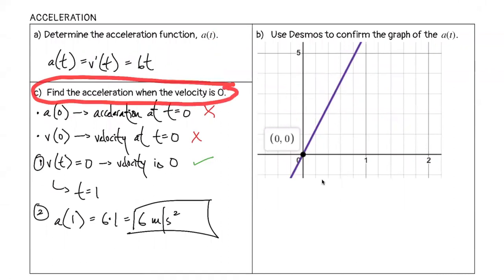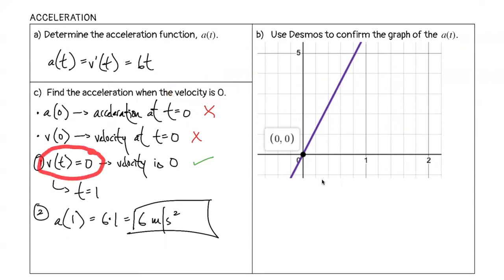Find the acceleration when the velocity is 0, okay? And so one thing I really want us to be practicing is how do we take a word problem, velocity is 0, for example, and translate that into an equation so that we can connect that question to a specific process, okay?